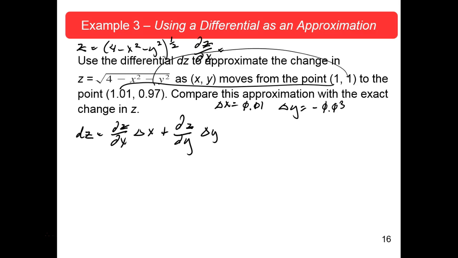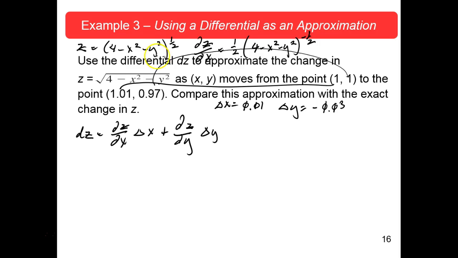Help me out here. You do the outer function first, 1/2, the inner function, 4 minus x squared minus y squared, but drop the exponent by 1, you're taking a derivative, right? So that would be to the minus 1/2.